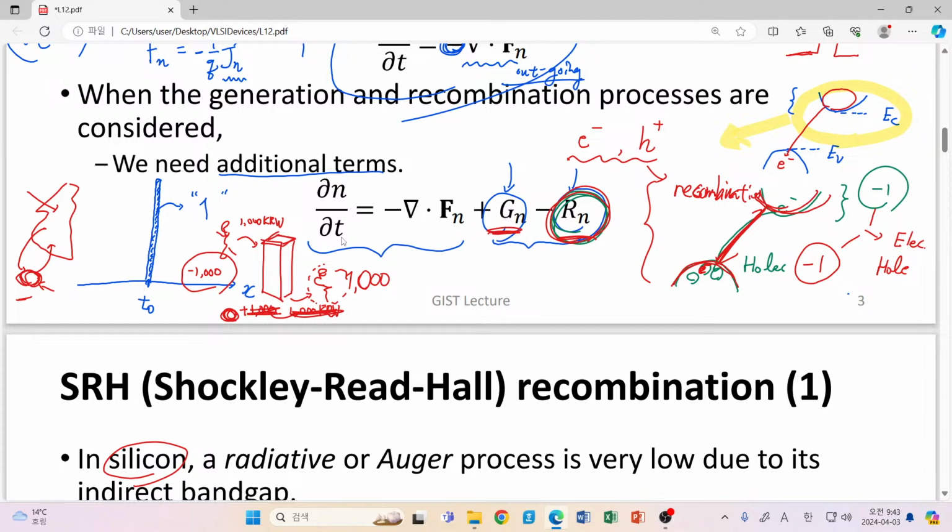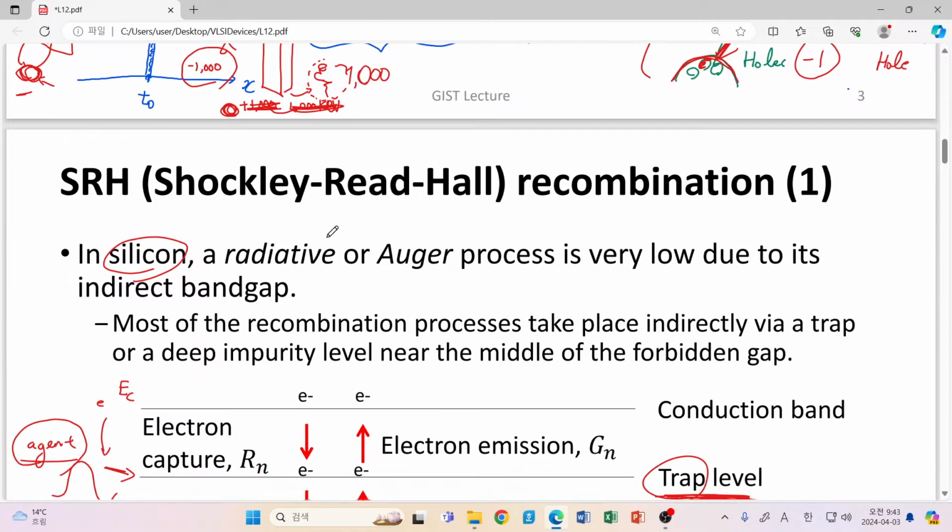So this kind of modeling job was done by three persons, Shockley, Read, Hall. Actually, they did the job, and this was independently done by another person also, so it is called SRH. It is the name of the three authors.